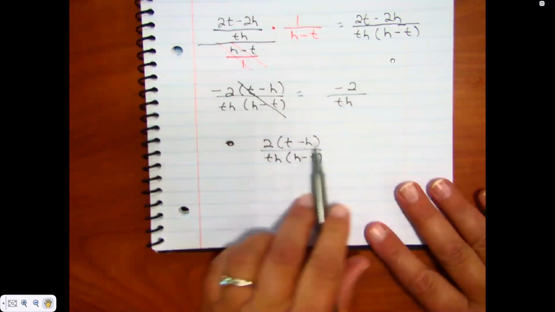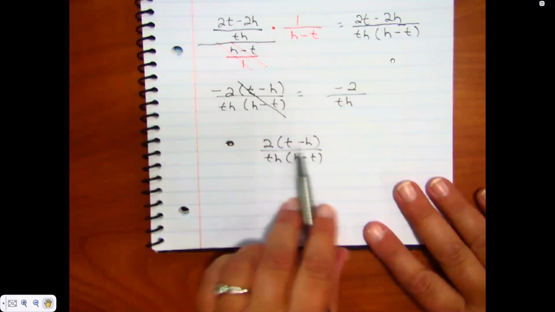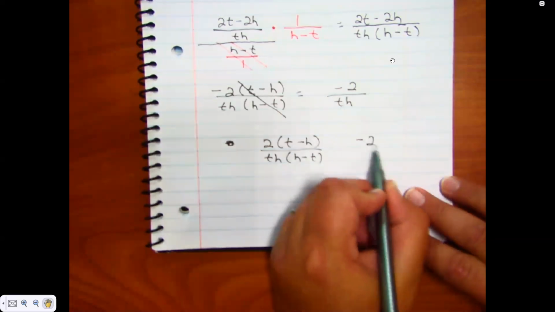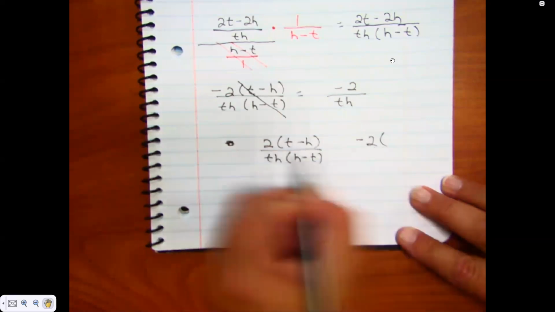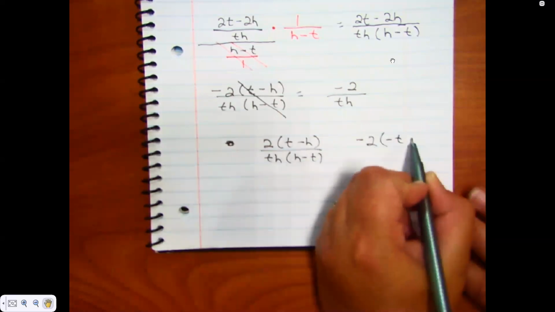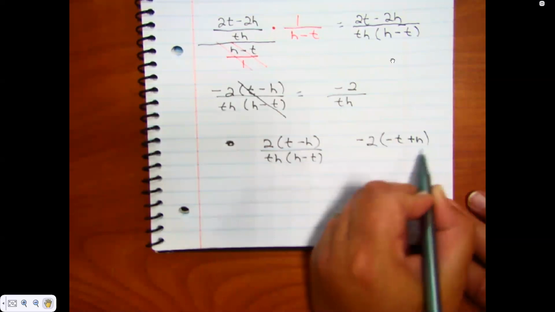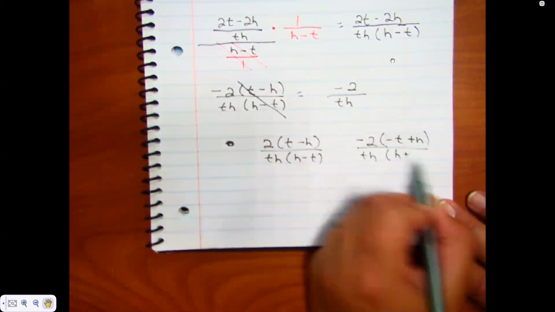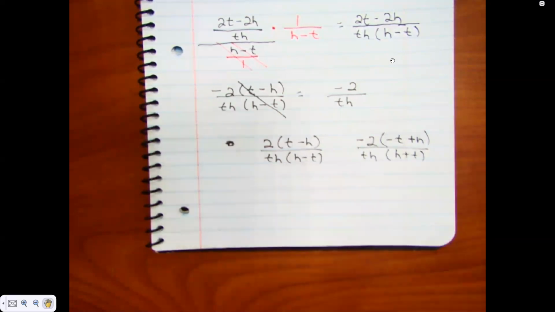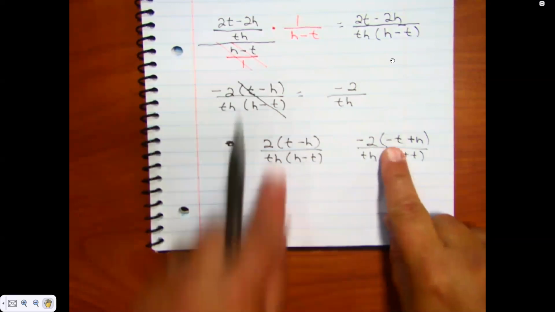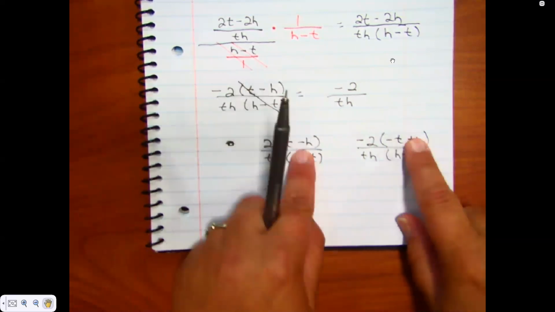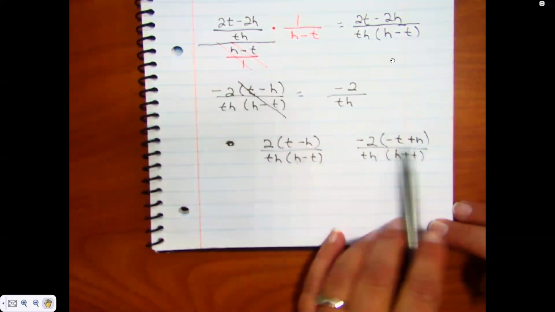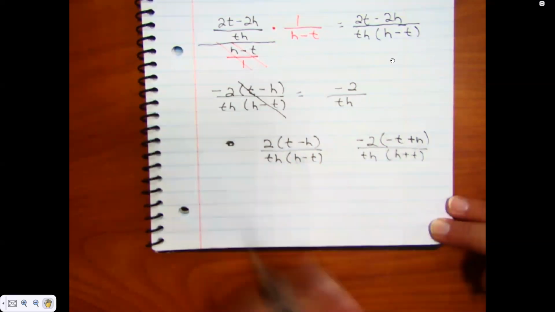So if I take out a negative here, it's going to be -2. I'm going to take the negative out. The t then becomes negative and the h becomes positive. If I actually take the time to show the factoring, I'll take that negative out and that changes both signs. This is the same, right? This I'm just going to rewrite.